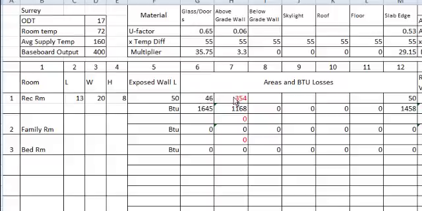Now when we subtract that area from the actual wall area, and we get the wall area by taking our 50, multiplying it by the height, so we have an exposed wall length of 50 feet, and all of that wall is 8 feet, so we're going to multiply that and then subtract from that the area of our windows.